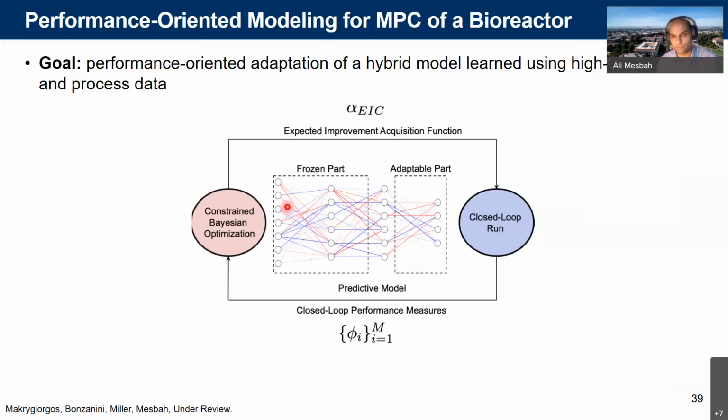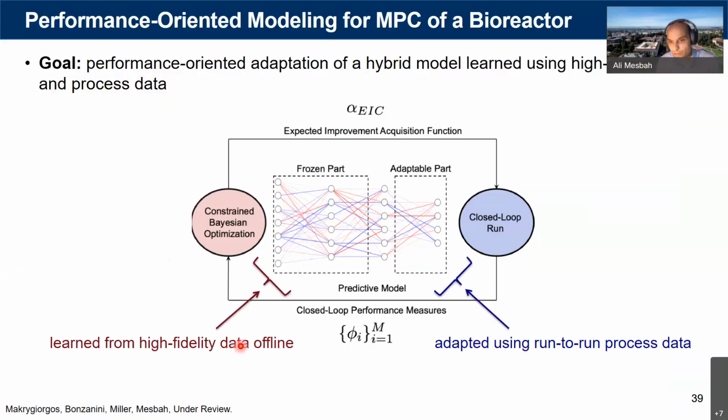So we essentially trained a neural network based on the high fidelity data generated offline. And then, building on the notion of transfer learning, we adjusted the parameters of the last layer of this neural network based on run-to-run process data, right?